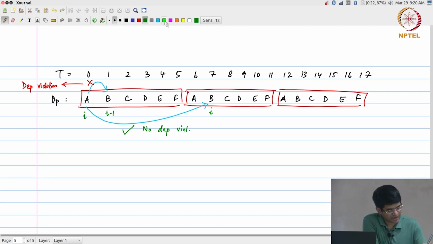Okay. Similarly, let us look at what happens over here. This is not permitted, but this would be fine. Okay. Then comes the catch, right? Is this okay?